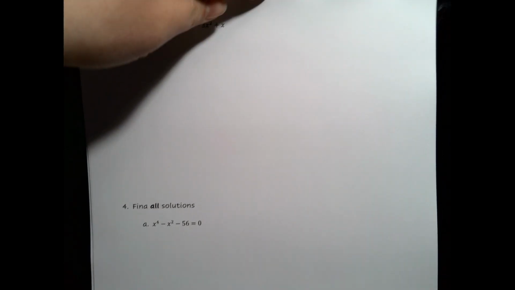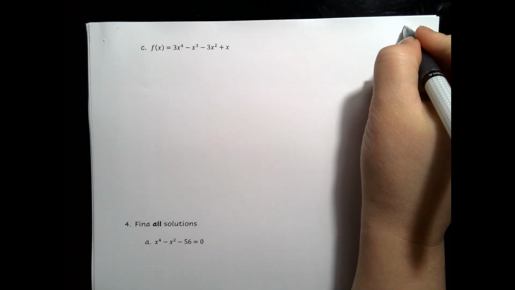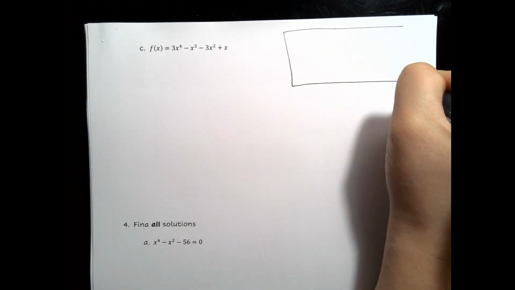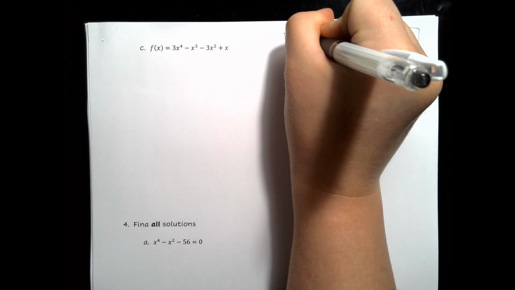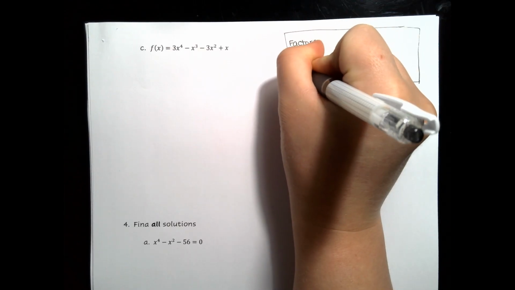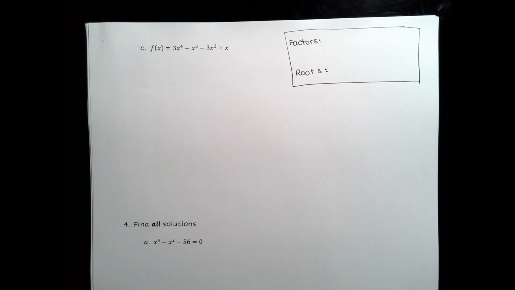Okay, moving on. C is still asking us to find all rational solutions, so we're going to continue the same things that we've done before. I am going to skip C on this one and tell you what my answers are going to be. Remember that you have to show me all work for credit. Be careful here because you will have a GCF.